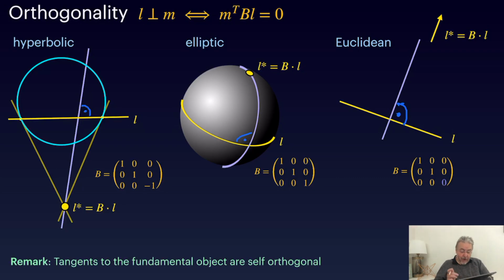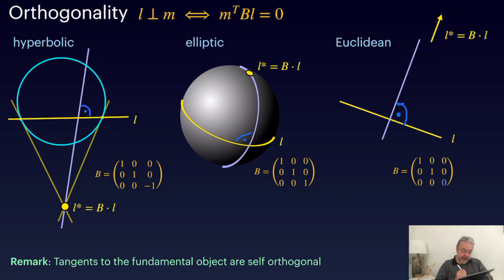Here is one more remark about interesting special cases. For instance, tangents to the fundamental object are self-orthogonal. So in this picture, let me just draw a new example.